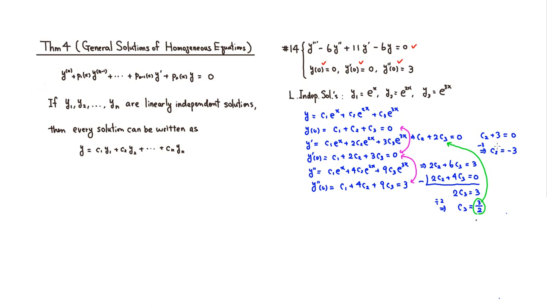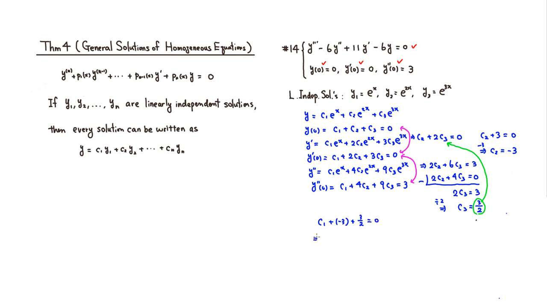Since we have c2 and c3, I'm going to plug those into the first equation. So you have c1 + c2, where c2 came out to be negative 3, and c3 came out to be 3 halves, and this is equal to 0.